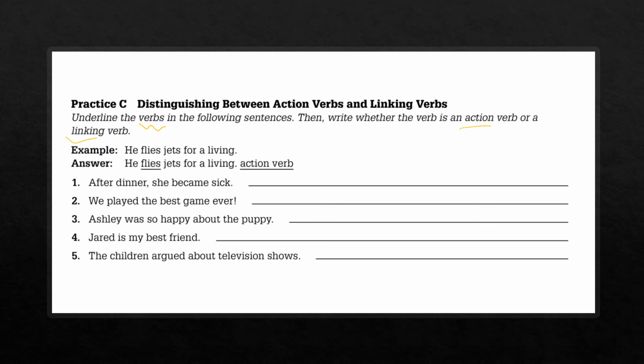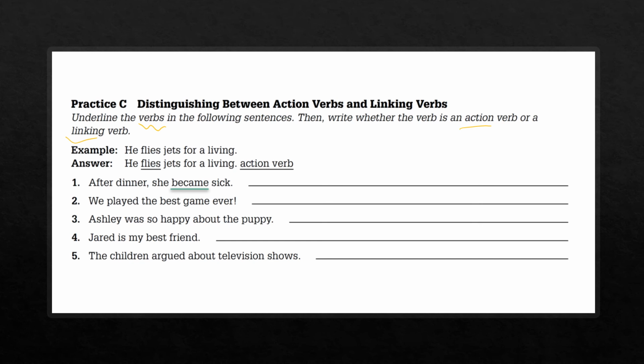Number 1, after dinner she became sick. The first question, what is the verb? Is it after, dinner, she, became, or sick? The verb is became. The first step is done. The second step, is it linking or action?